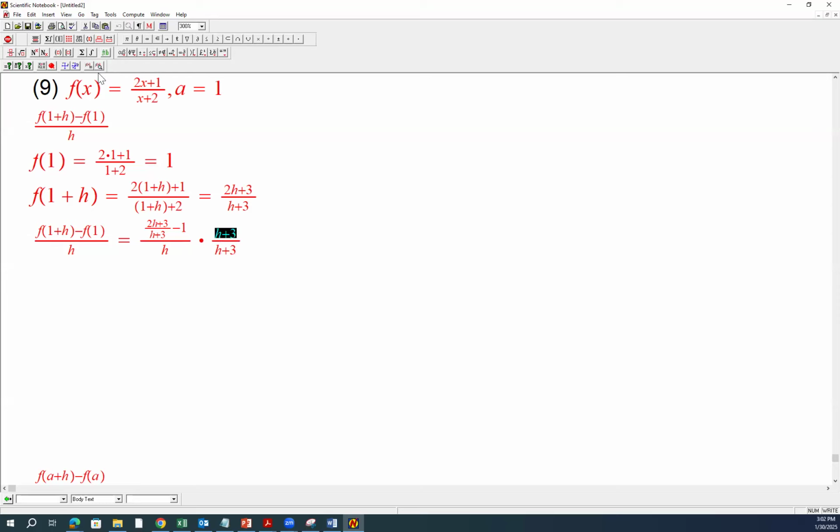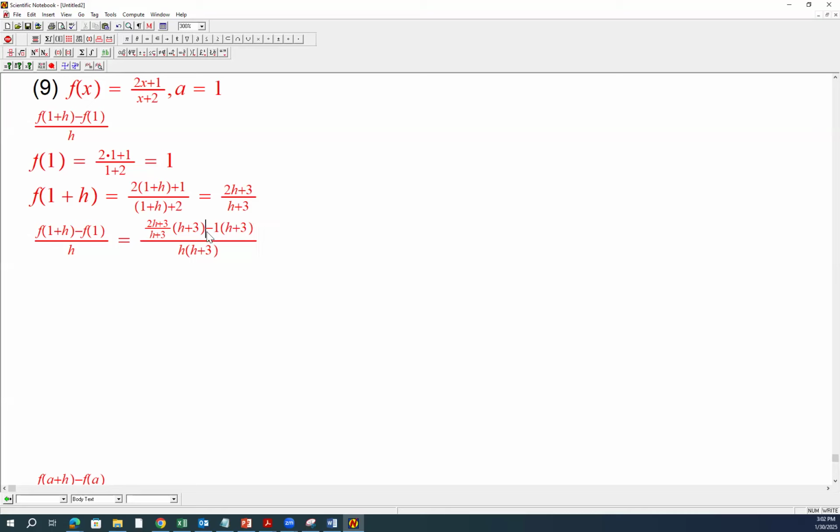At the same time, you can just multiply this piece with that and with that, and multiply this piece with the denominator. So numerator times numerator, denominator times denominator.